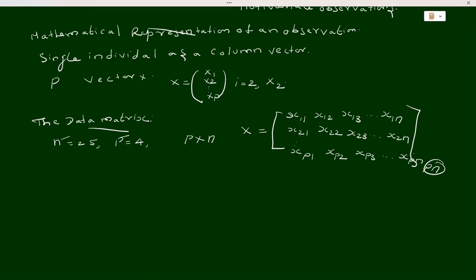The key statistical measures. By using this data matrix, what are the key statistical measures which we can compute? Actually, this is the extension of univariate mean and variance. So this we will call the mean vector.